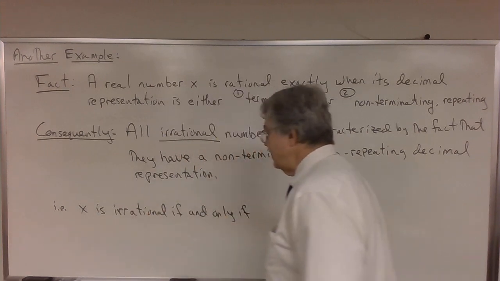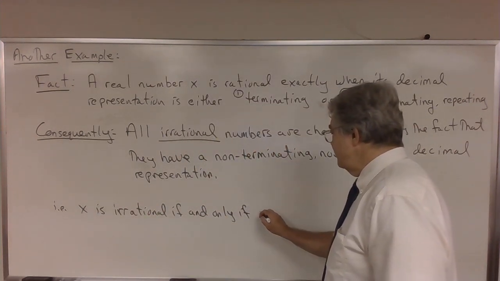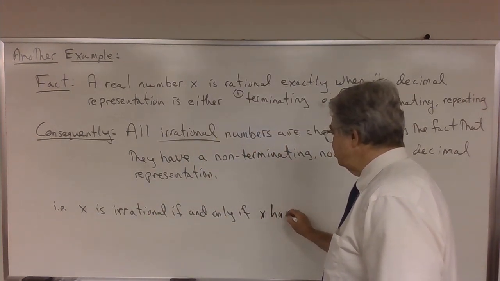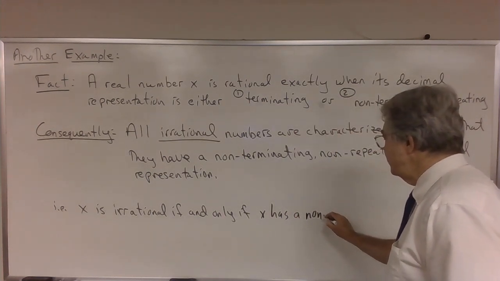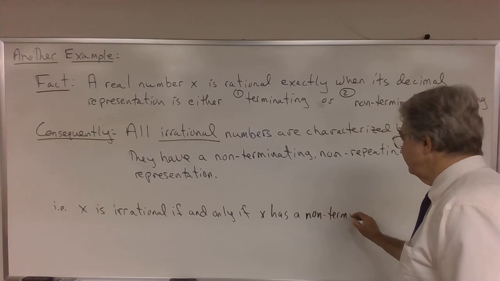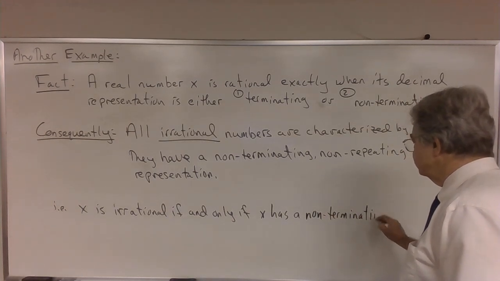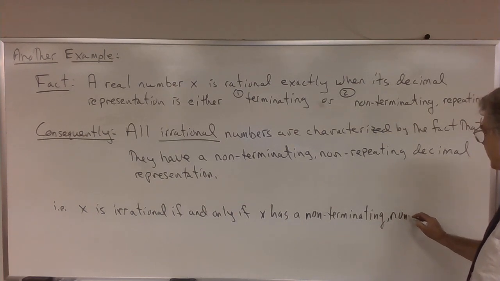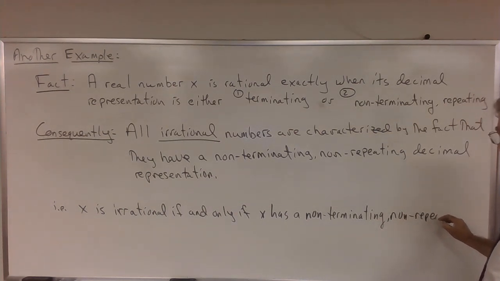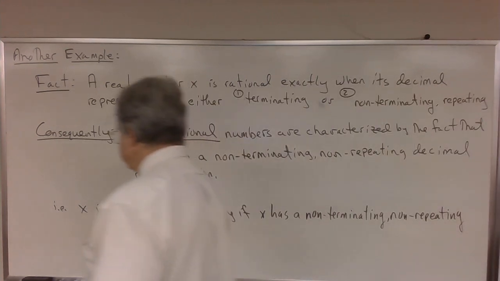A real number x is irrational if and only if x has a non-terminating, non-repeating decimal representation.